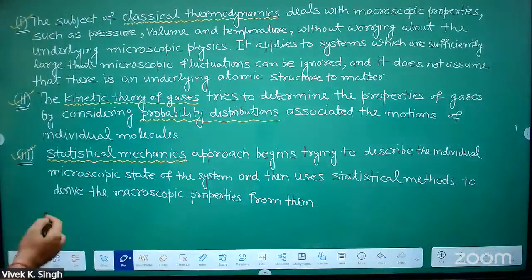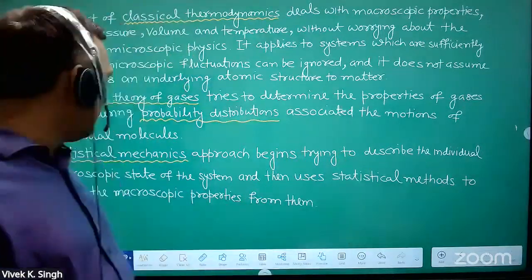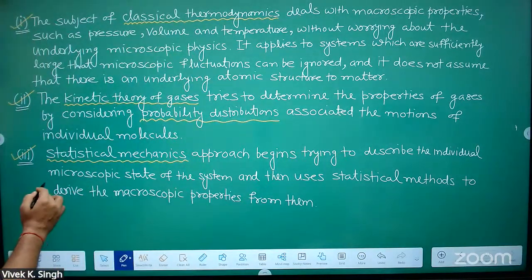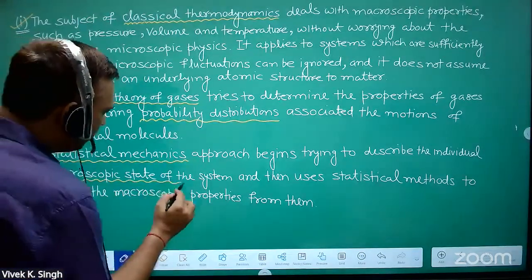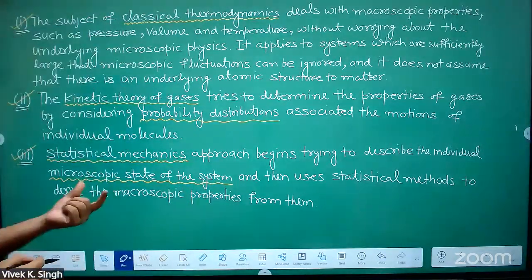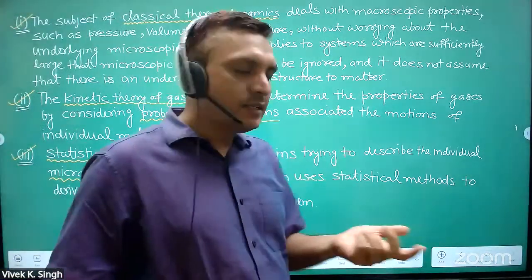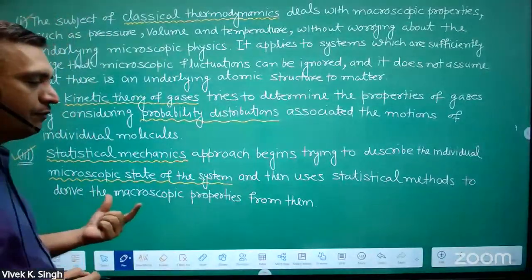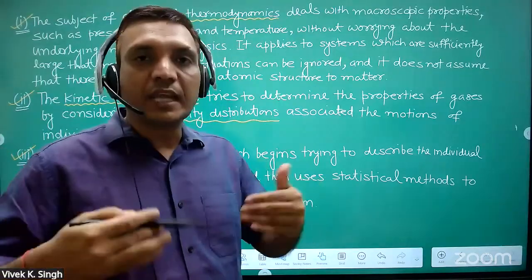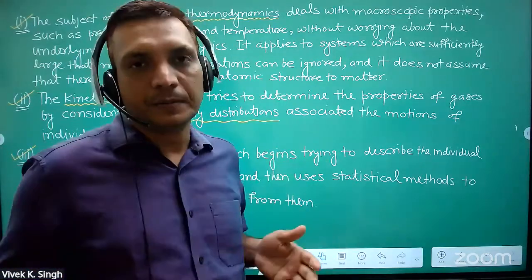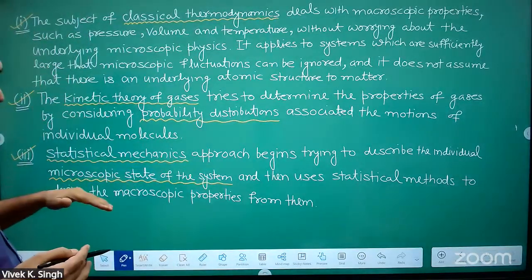Now third is the statistical mechanics approach. Again, we try to describe the individual microscopic state of the system. We will talk about the microscopic state of the system, and then we will use statistical methods to derive the macroscopic properties of the system. So thermal physics we can study in these three approaches: classical thermodynamics, kinetic theory, and statistical mechanics.